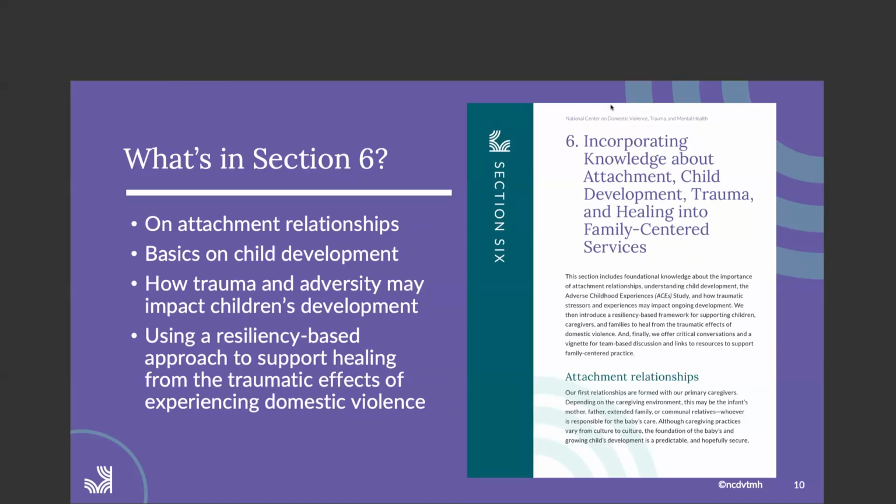So I'm going to walk you through a little bit about what's in this section, and you can see some of the main points on this slide. We begin by talking about the importance of attachment relationships with caregiving adults and developing secure attachments. And we also give some summary about attachment theory and research.